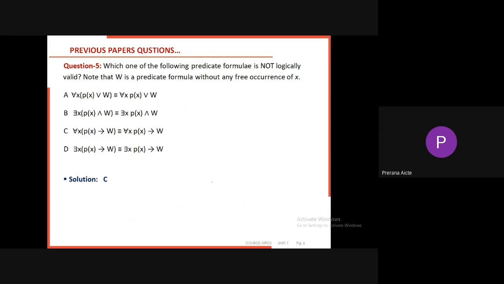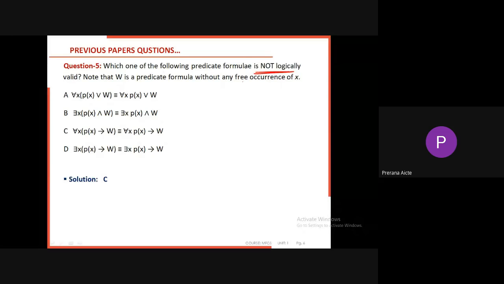And coming to question 5, let us see here. This is how we can get the answer for this. Very simple. Which one of the following predicate formulas is not logically valid? Here we are asked which one is not logically valid.